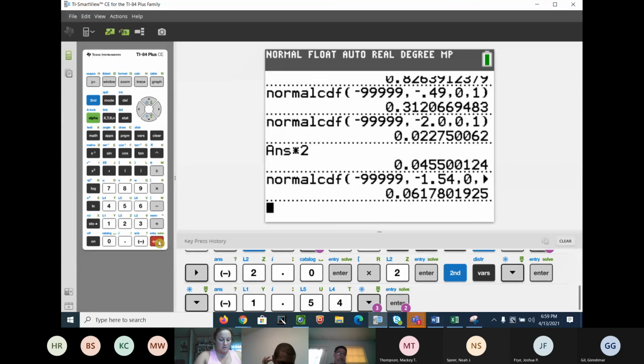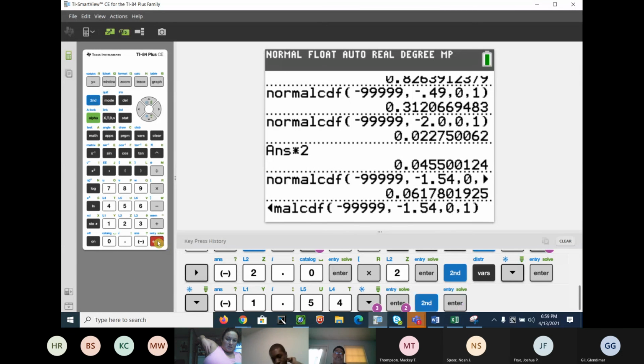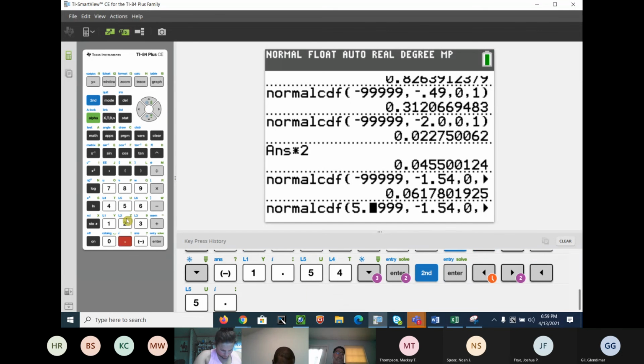Now let's do the blue. Second VARS, normal CDF. And now I'm going to go from positive 2.54. I'm sorry, I'm just about shot. When I get to 8 o'clock at night, I'm just about shot. 2.54, comma.